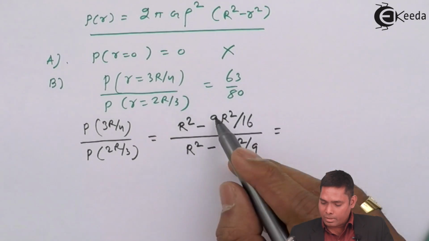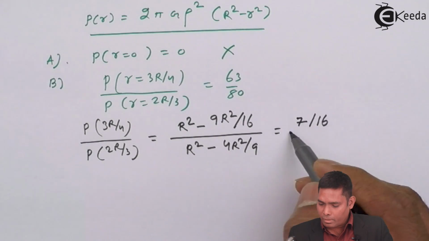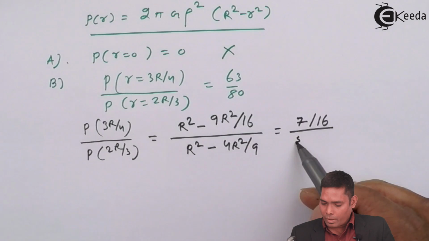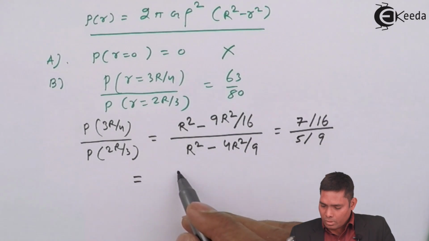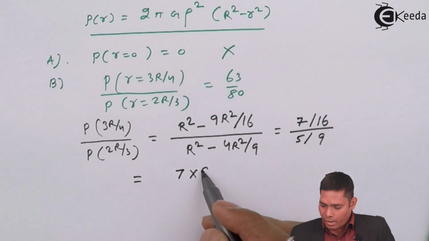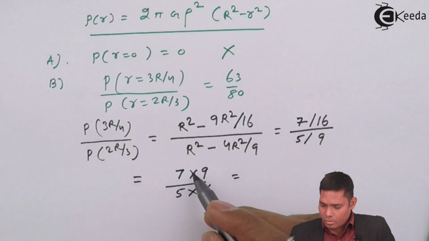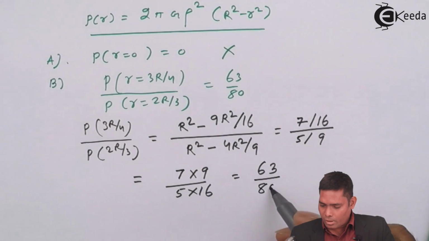This is 16 minus 9, that is 7. 7 divided by 16, divided by 9 minus 4, that is 5, 5 divided by 9. This gives us 7 into 9 divided by 5 into 16. This is 63 and 5 into 16 is 80.